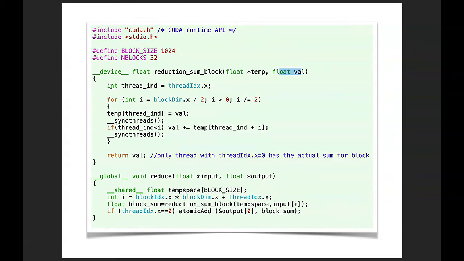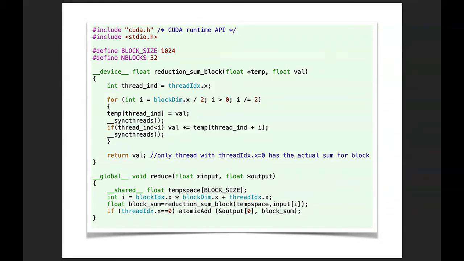So here in these lines we have the algorithm which the previous picture described. We have a for loop. In the first part of the for loop, each thread populates the temporary space, and then it does the addition. So first there's the population step, where the values are populated.